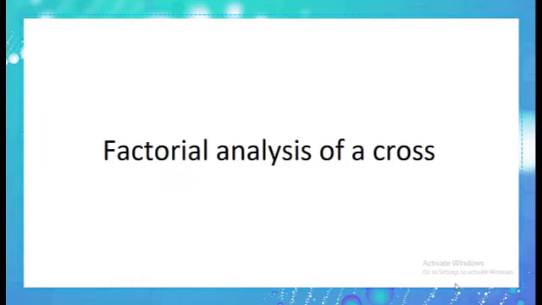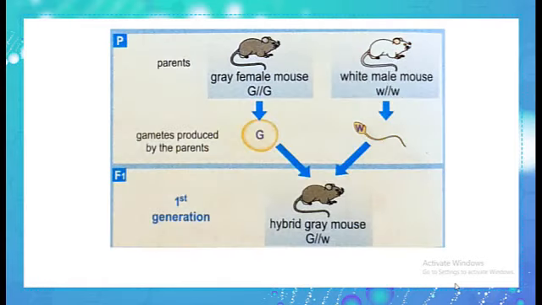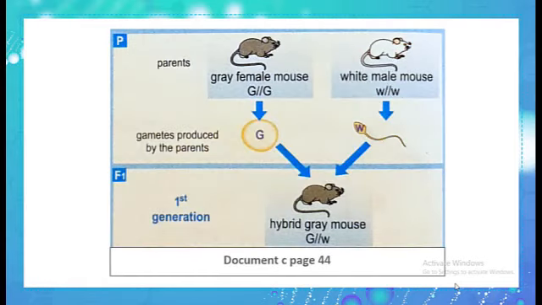But sometimes you are asked to make a factorial analysis for a certain cross, like the factorial analysis of the monohybrid cross performed in document C of your books between a pure gray mouse and another pure white mouse.